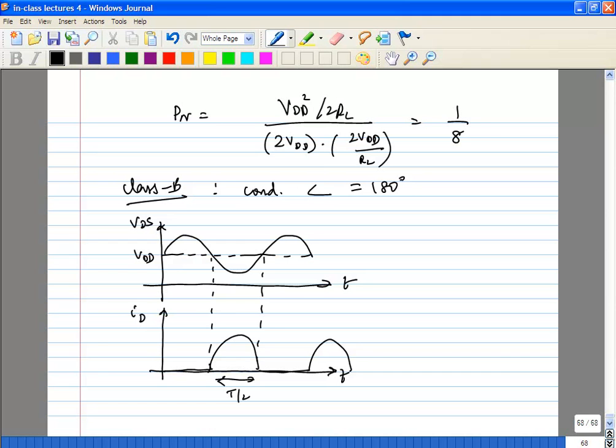Again, based on this waveform, you can find out the fundamental value of the current and find out what goes through the load. In this case, the way I have drawn it, it will be T/2 to T. This is the fundamental portion of the current.